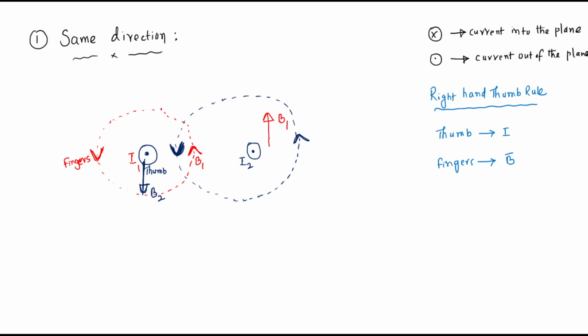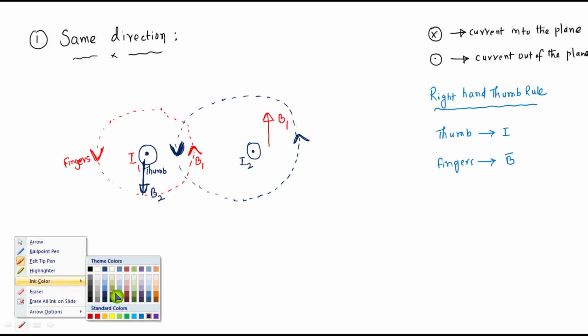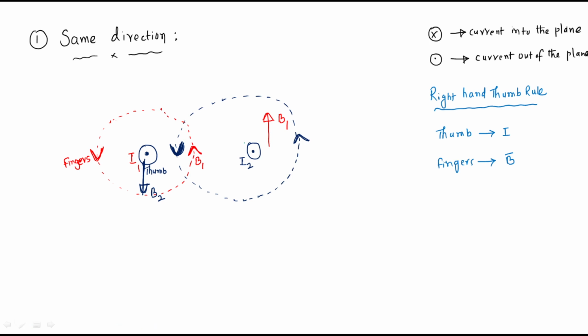By using the right hand thumb rule, the thumb gives the direction of force, that is F12, which is the force of 1 on 2.